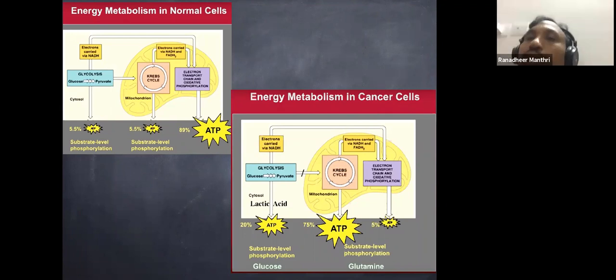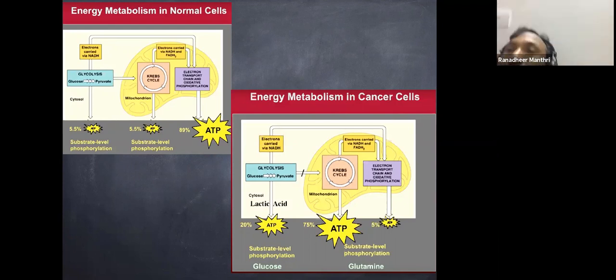So in energy metabolism in normal cells and cancer cells, predominantly 90% of ATP is produced in normal cells through the electron transport chain, whereas in cancer cells it is only 5%. Many students ask me, sir, if the electron transport chain doesn't contribute in cancer cells, we see a lot of mitochondria in cancer cells.